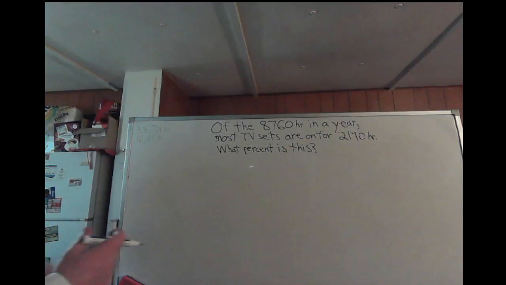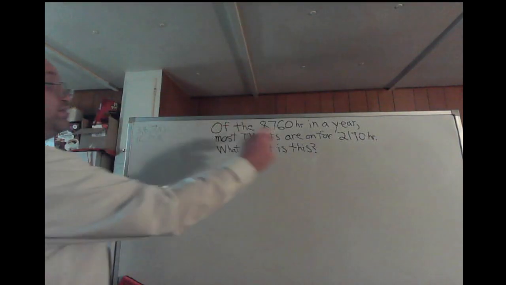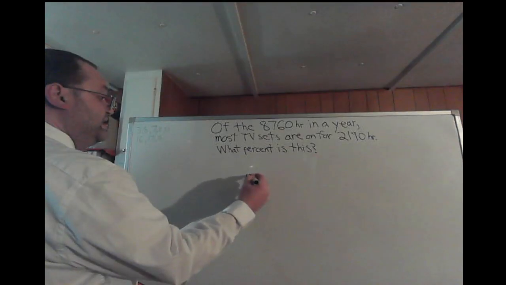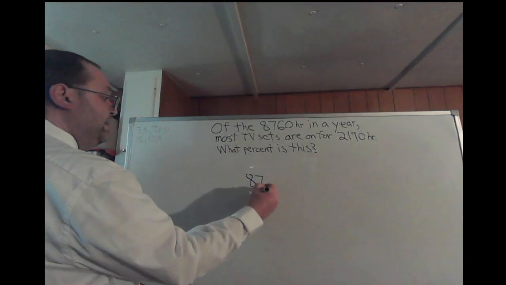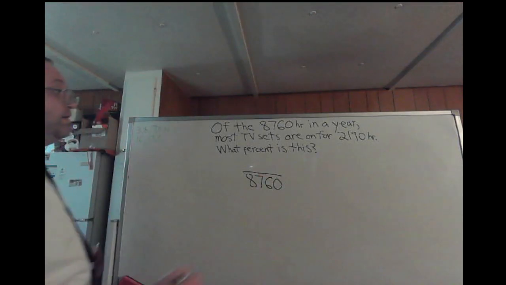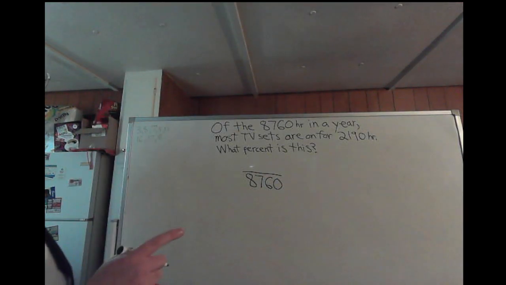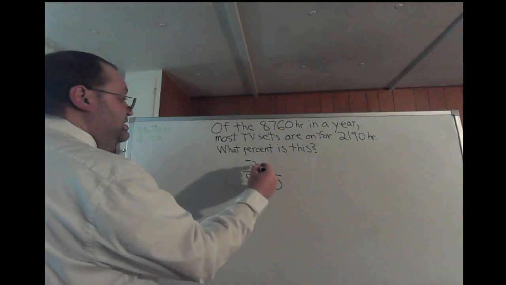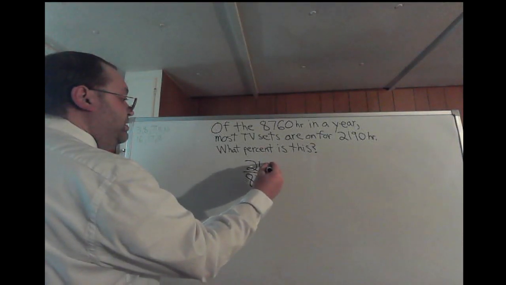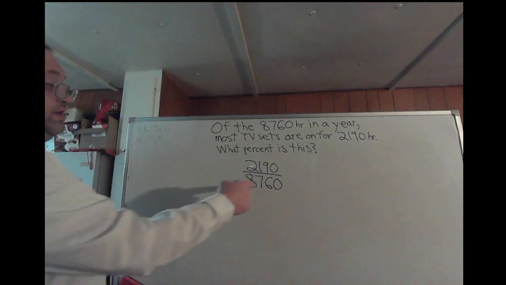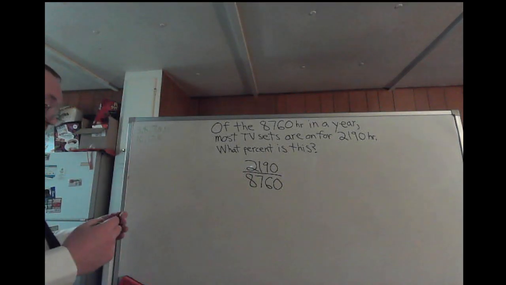What percent is this? So it's telling you there's a total of 8,760 hours. That would be your denominator. Most TV sets are on for 2,190 hours. So TVs are on for 2,190 hours out of the 8,760 hours.